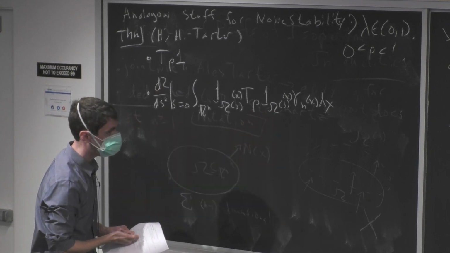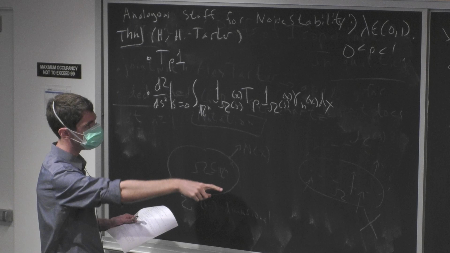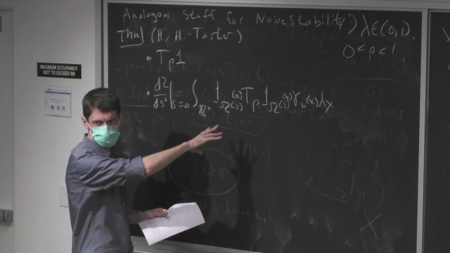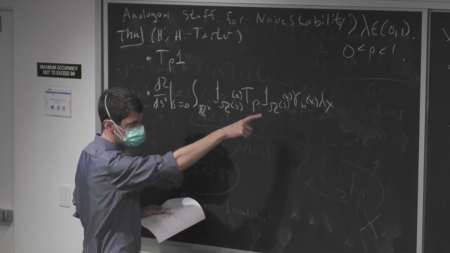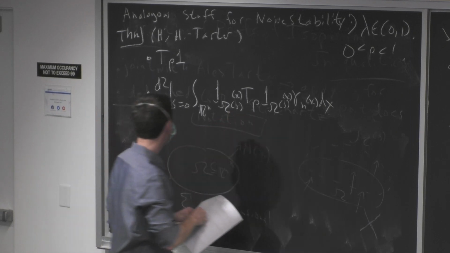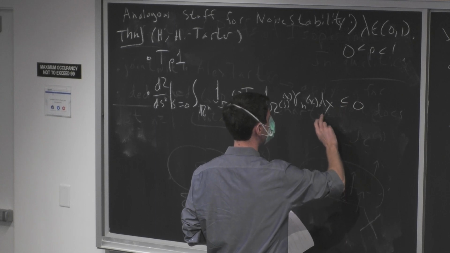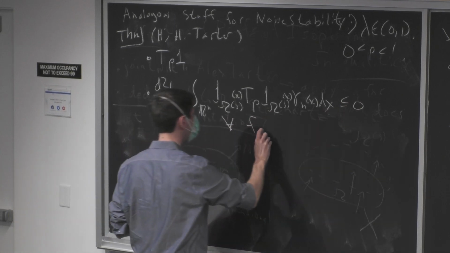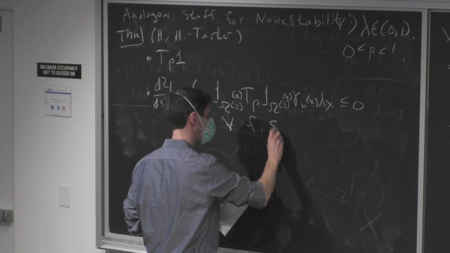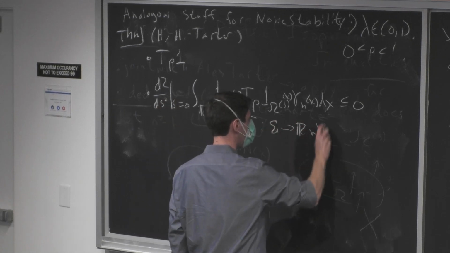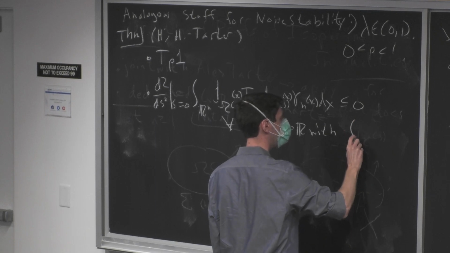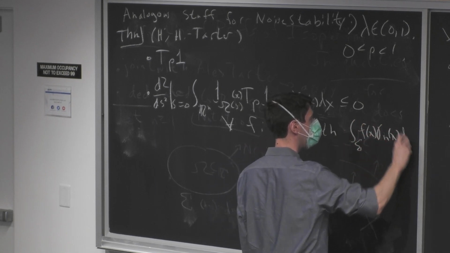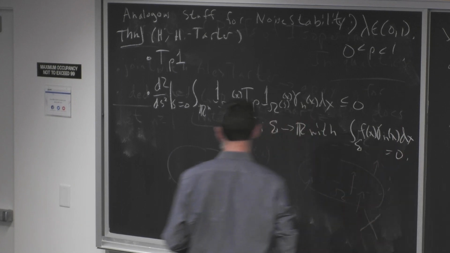Signs get reversed, so I no longer want to minimize surface area. I want to maximize noise stability. That ends up being equivalent, when rho goes to 1, to that problem. But anyway, we want this to be less than or equal to 0 now because we're maximizing, for all f's. Equal to 0.